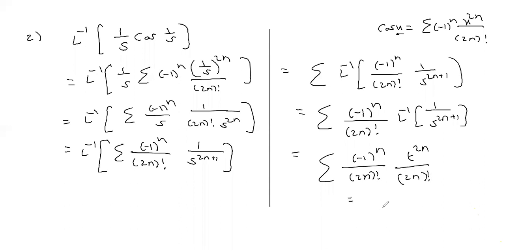So what is the answer? This is minus 1 whole power n into t power 2n by 2n factorial whole square. For all these things, by default the summation is from 0 to infinity.